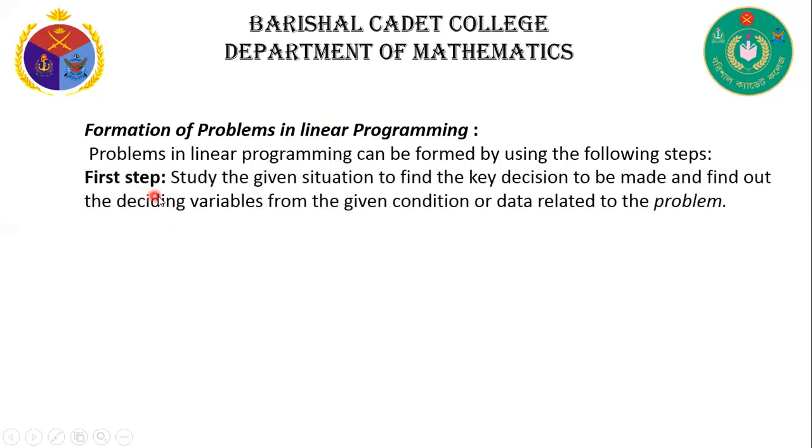First step, study the given situation to find the key decision to be made and find out the deciding variable from the given condition or data related to the problem.